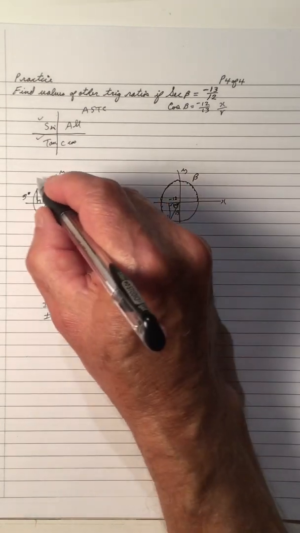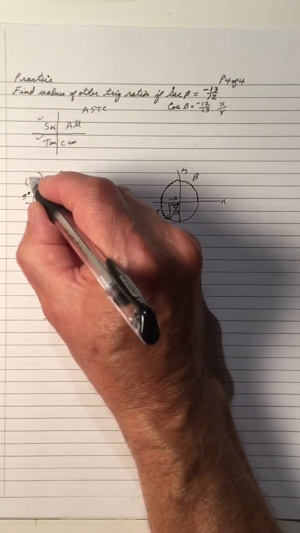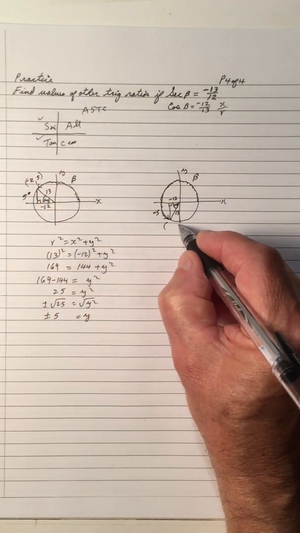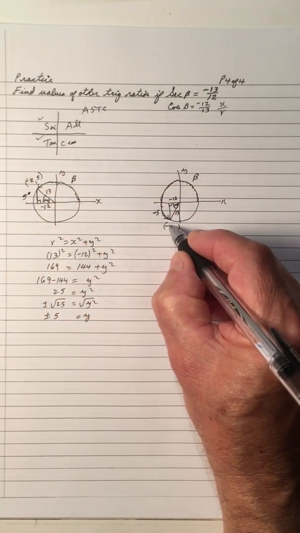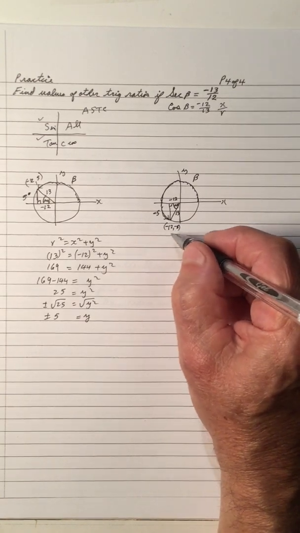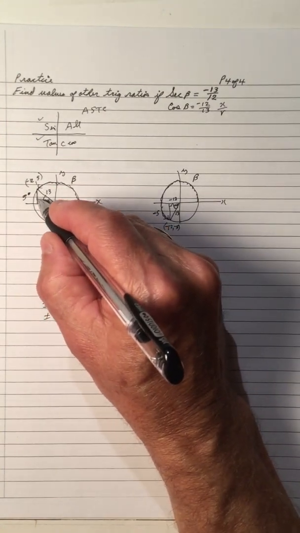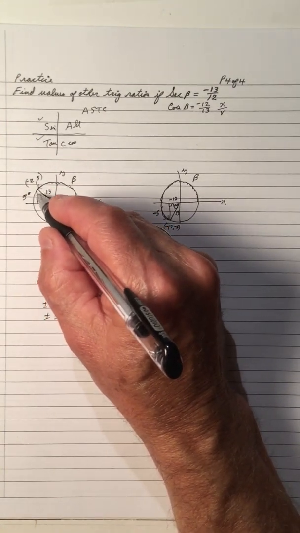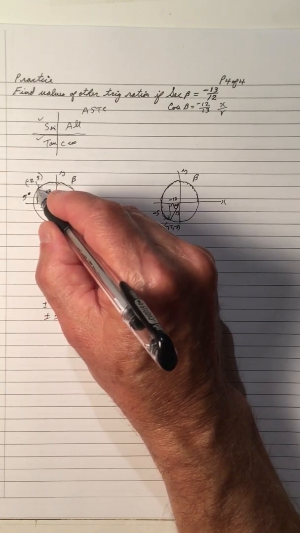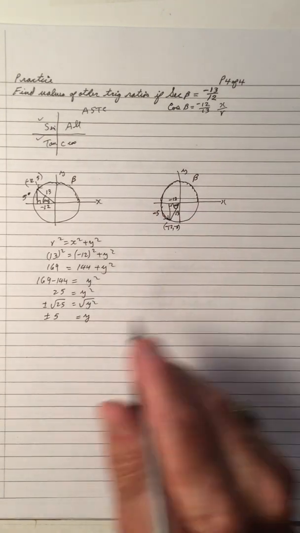I forgot to mention that the coordinates of this point are negative 12, 5. And the coordinates of this point, x is negative 12, and the y is negative 5. Same coordinates, but with positive and negative signs. I didn't do that in the other two. Once you put this diagram in this circle and fill in these numbers, you can put the coordinates of x and y right there, and in the other two diagrams also.